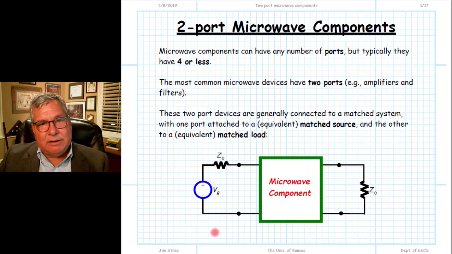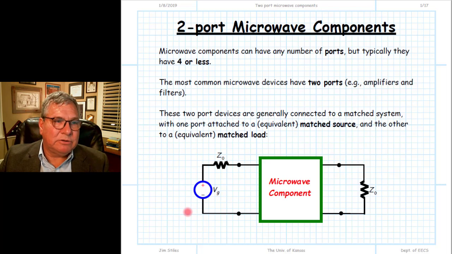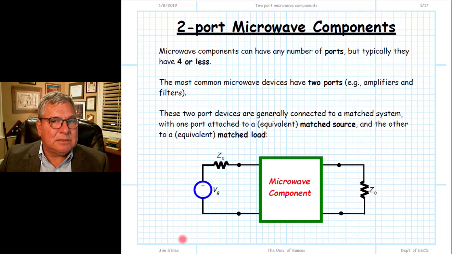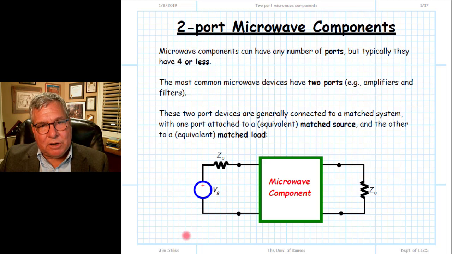Likewise, on the other side, we have a matched source here. Again, the matched source is, generally speaking, an equivalent circuit to some microwave component or set of components, a system that is likewise a matched system connected together with transmission lines of 50 ohms, designed in a way such that the port impedances are preserved to 50 ohms.